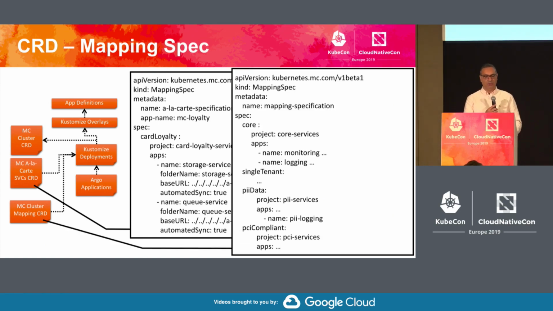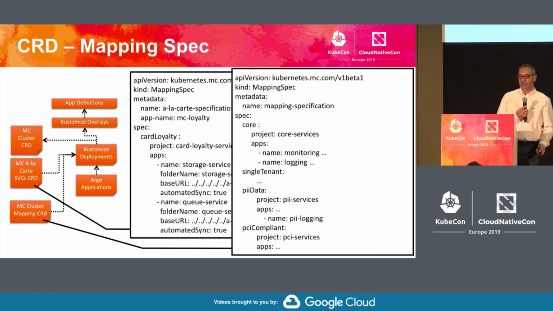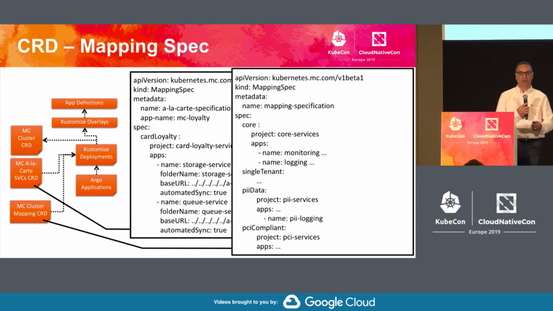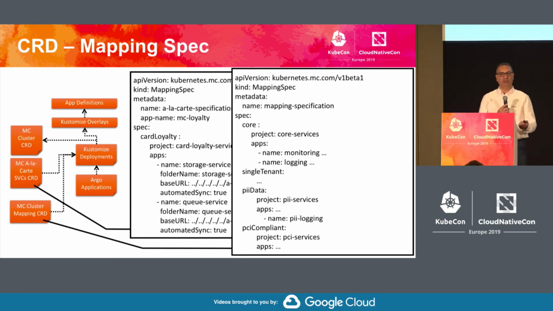But there is also a bunch of existing services that, as I said before, will be based on the types you inherit from, so let's say PII, PCI, single tenant. We also have a concept of core, which is like, it doesn't matter which type of cluster you deploy, which type of application or what type of à la carte service you want, we're going to deploy anyway, because these are for our own usage to manage and run those clusters.